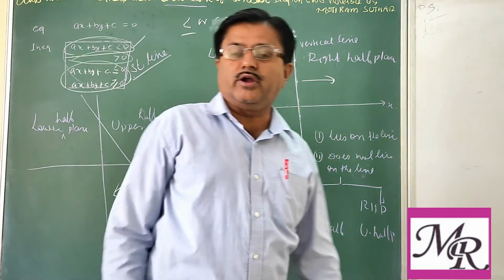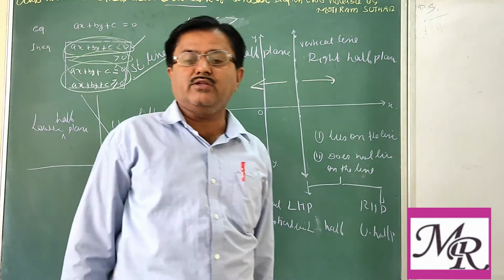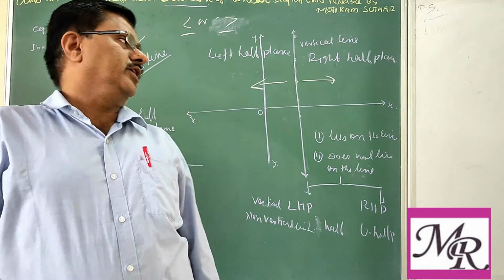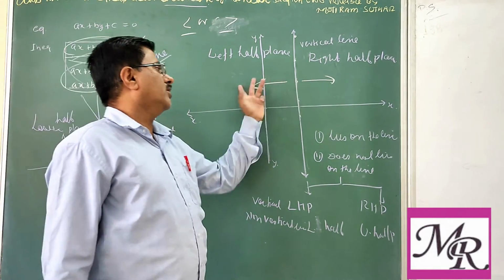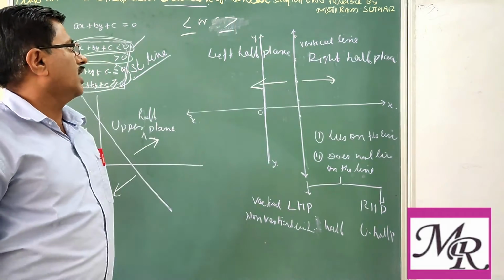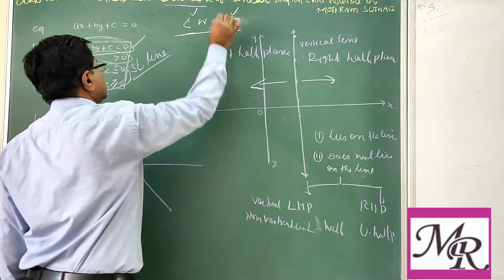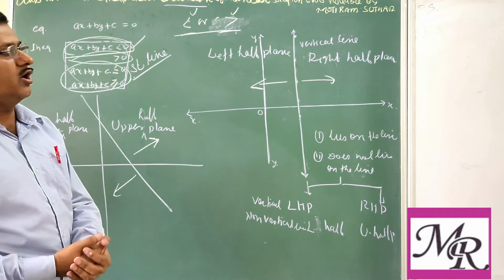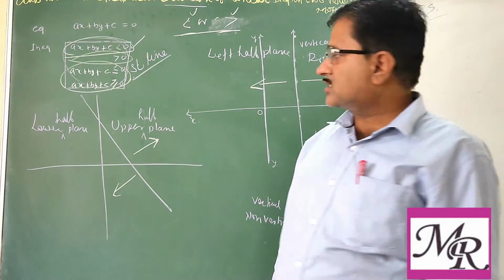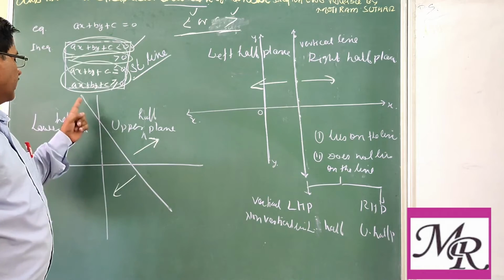So for any inequality there are two points to see. The solution may lie on the line if the equal to sign is given. It may lie on either side if only the less than or greater than sign is given. So whenever you are discussing this type of problem, we also have to draw the figure.